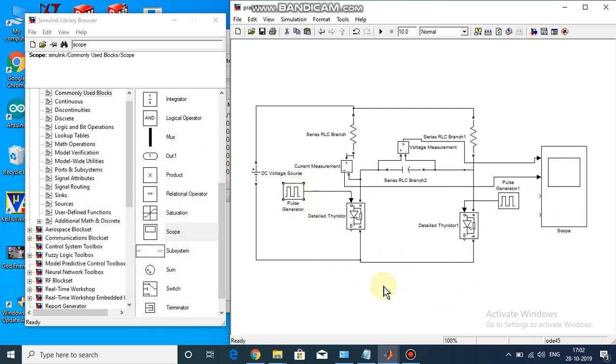Close this window for now. Then use this, and we'll use this for the 2 pulse generators, and we'll check the SCR parameters in a while. So let's just check how our circuit is performing.